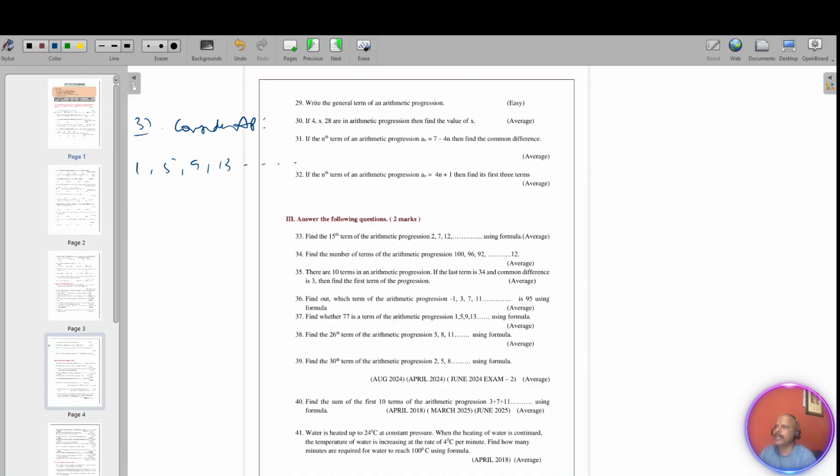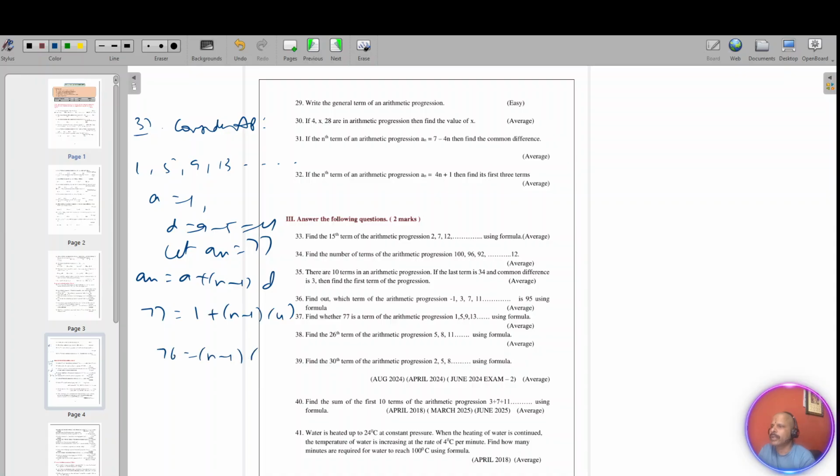So AN is equal to A plus N minus 1 into D. You write the formula. 77 is equal to 1 plus N minus 1 into 4. 76 equal to N minus 1 into 4. 4 19s are 76. N minus 1 is equal to 19. N is equal to 20. Therefore, yes, 77 is a term of AP, the 20th term.